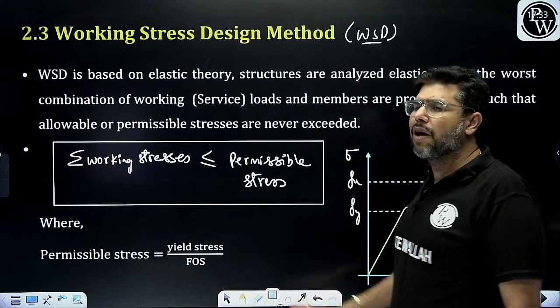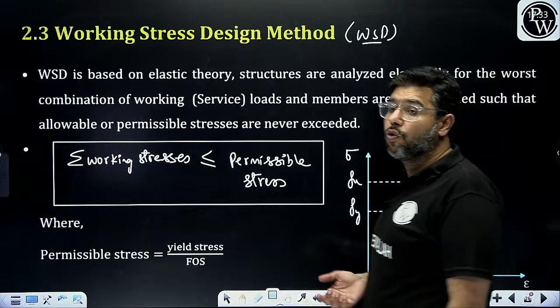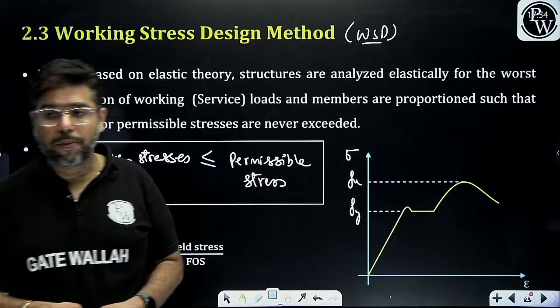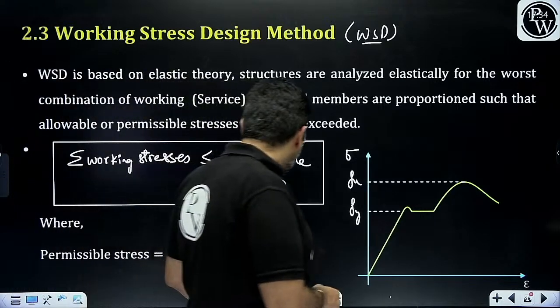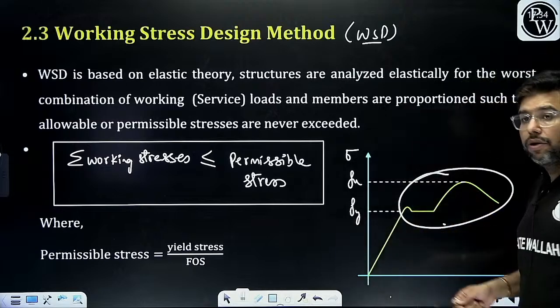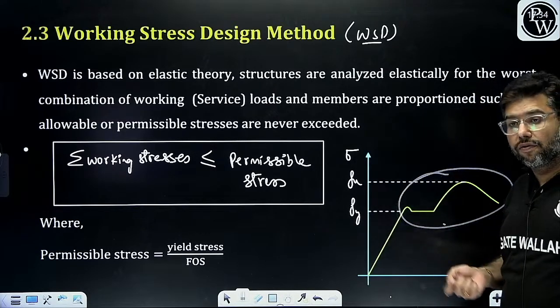Now, obviously, this method of design is not good. Why? This method is not good because here you have not utilized the reserve strength of the material. See, even beyond yield strength, the material has not failed. Your steel still possesses this reserve strength due to the ductility of the material.